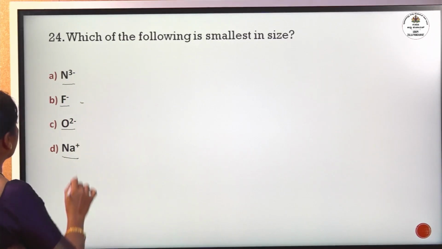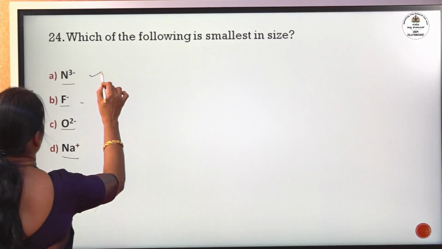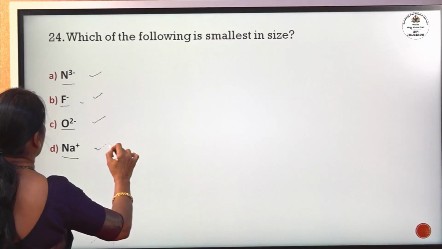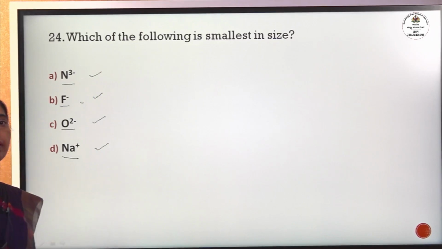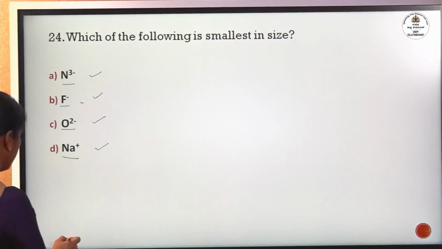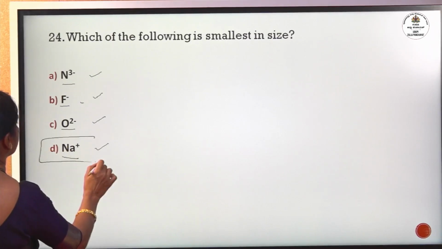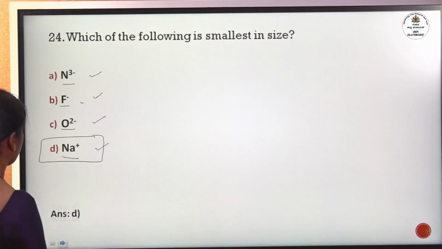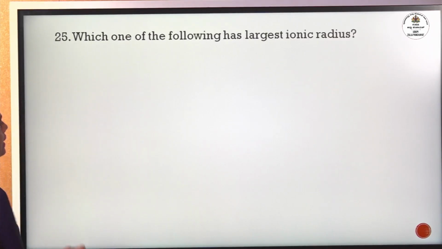The atomic numbers are 7, 9, 8, 11. As the atomic number increases, ionic radius decreases. So Na plus is the correct answer. Answer is D.